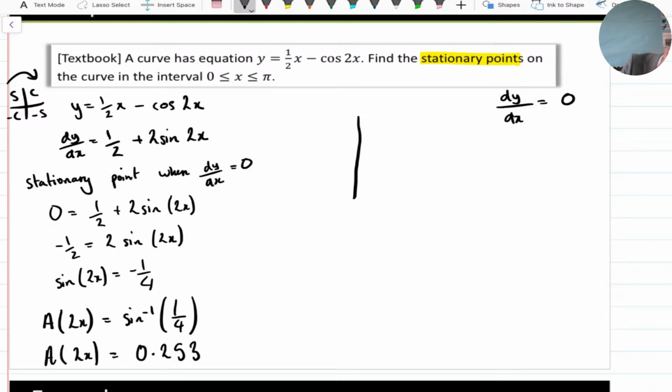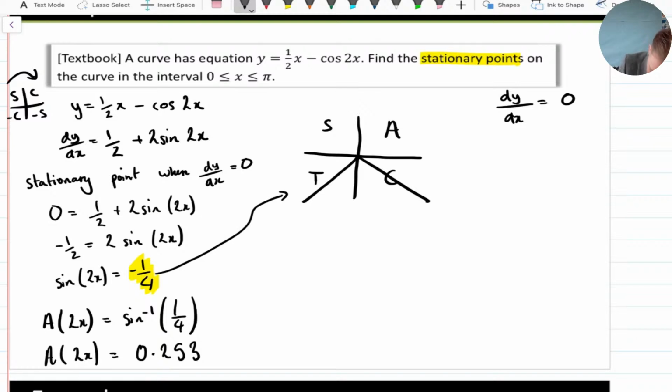So then I'm going to draw my CAST diagram, C, A, S, and T. So because I am negative a quarter, I know that I'm going to need to be in sine, tan, and cos. And it's going to be this part here is equal to the 0.253. This part here is equal to the 0.253. This is pi, this is 0 and 2 pi. So it's going to be 2x is equal to pi plus the 0.253.